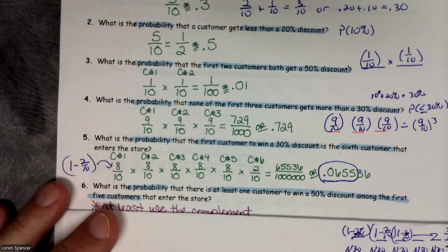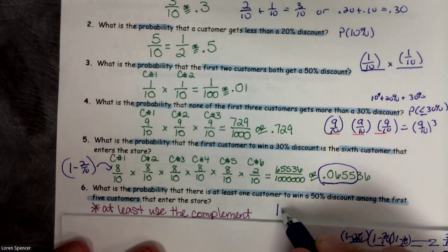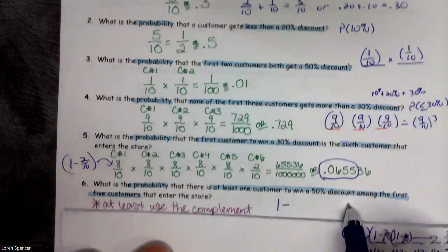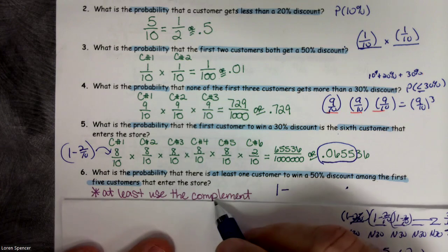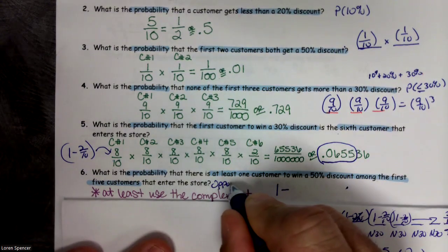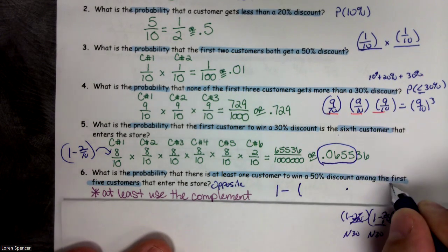What is the probability there is at least 1 50% discount among the first 5 customers? Anytime you have at least, you're going to have to do a 1 minus. So remember, it's at least, and then you have to use the complement. And the complement means the opposite of what they asked for. So how many times do we have to do it? 5.